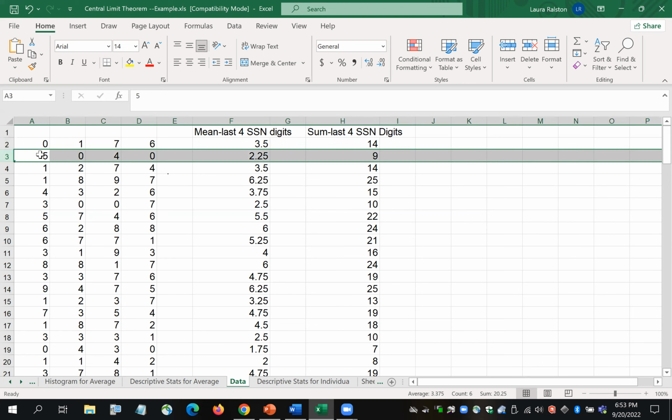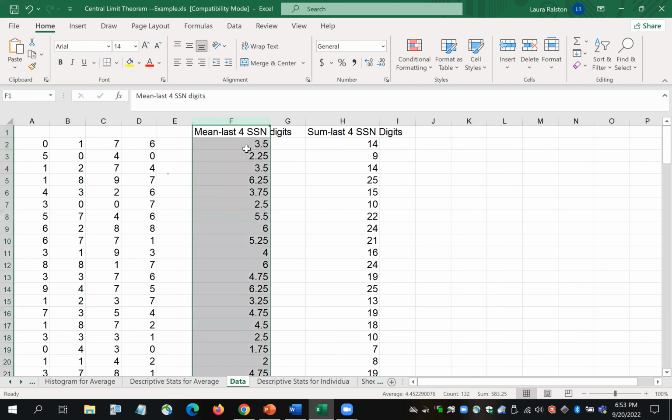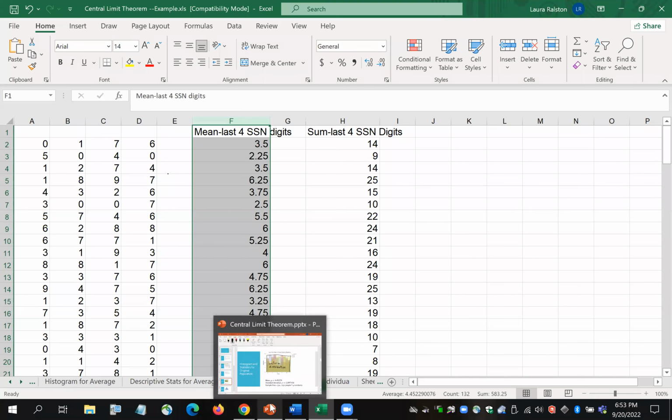Then I did the second row. 5 plus 0 plus 4 plus 0 is 9. 9 divided by 4 is 2.25. So I have 131 means, one for each set of 4 digits.